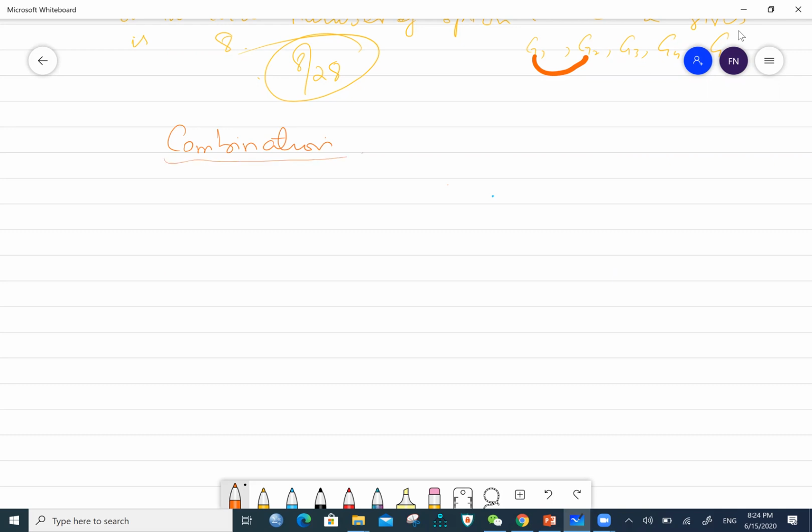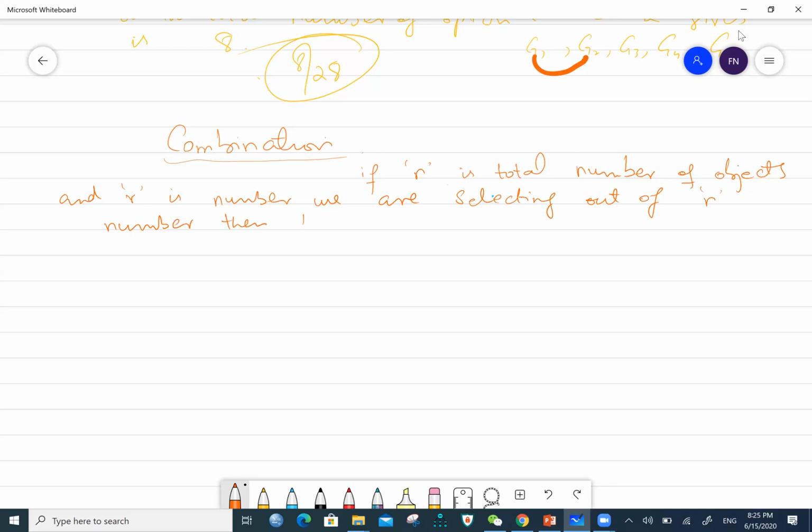Combination. The combination says that if n is the total number of objects and r is the number we are selecting out of n, then the total number of options is nCr.